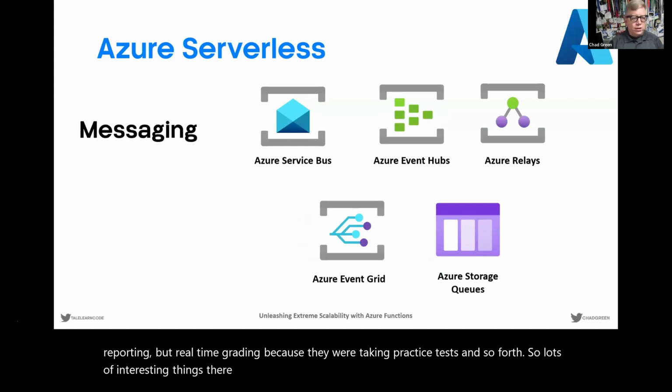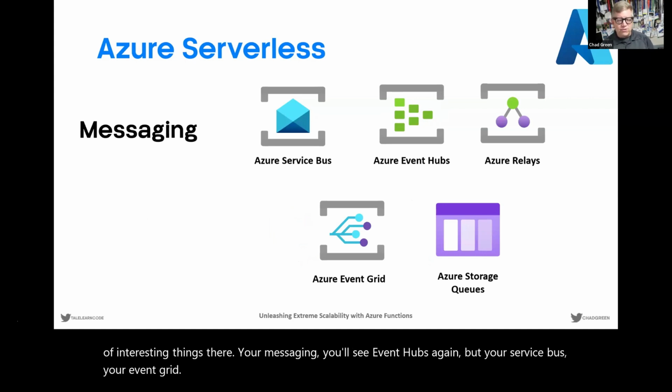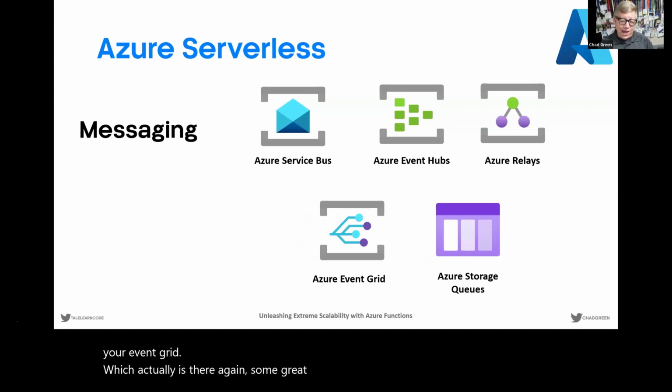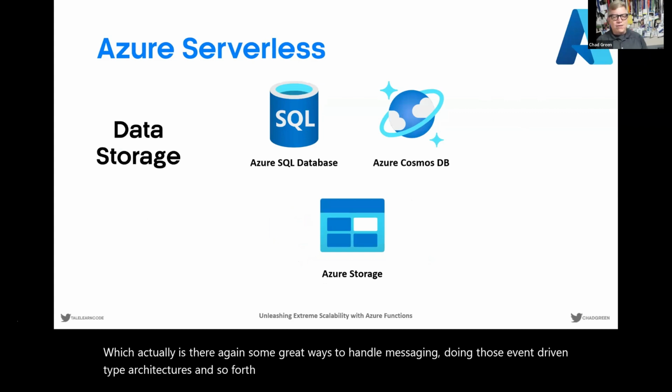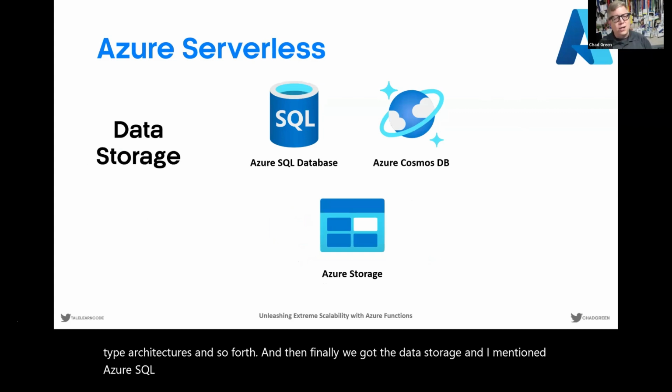Your messaging, you'll see Event Hubs again, but your Service Bus, your Event Grid, which actually is there again, but some great ways to handle messaging, doing those event-driven type architectures and so forth. And then finally, we've got the data storage, and I mentioned Azure SQL. Cosmos is the same way.